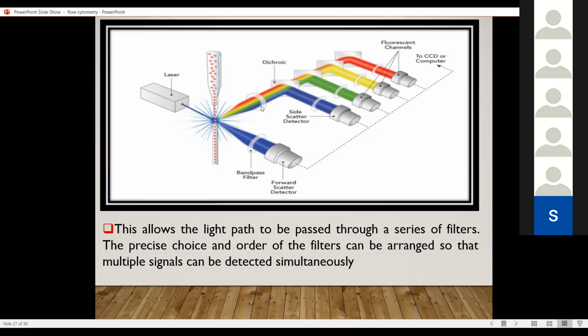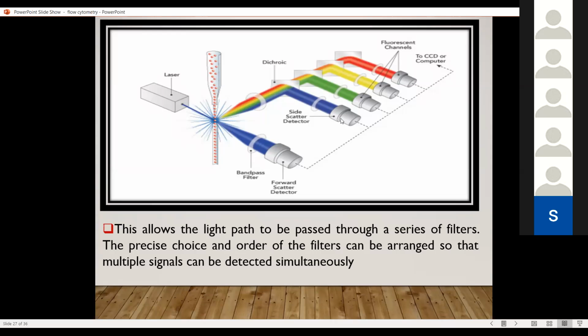This band pass filter allows the light to transmit in the blue to red range, as we all know, about 400 nanometer to near about 700 to 750 nanometer. Afterwards, this first dichroic filter reflects blue light and allows green, yellow, and red to pass.